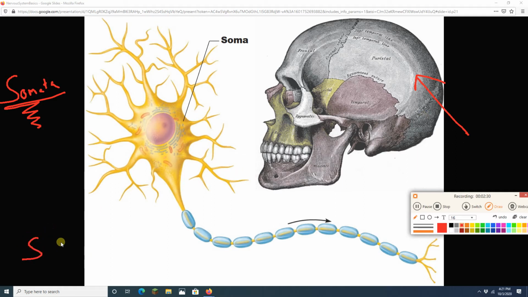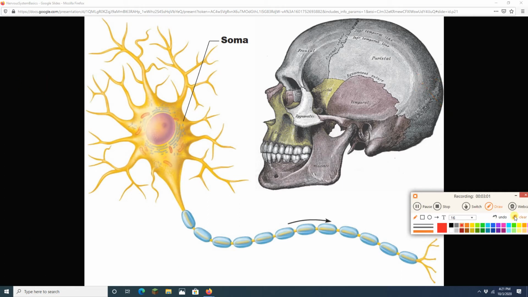Second most are found in the good old spinal cord. The somata are where neurons do their processing of information. It is where they do their integration, if you recall that word from lecture number 1. And we keep the somata well protected, either in our skull or in our vertebral cavity.